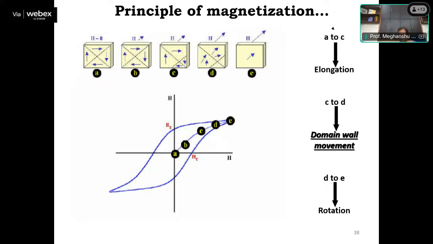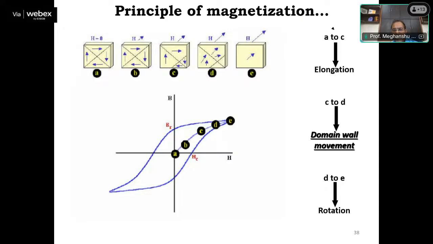This motion is completed in 3 steps. First one, A to C. In the hysteresis loop, you can see point A and point C. A to C indicates the elongation portion of magnetic domain.